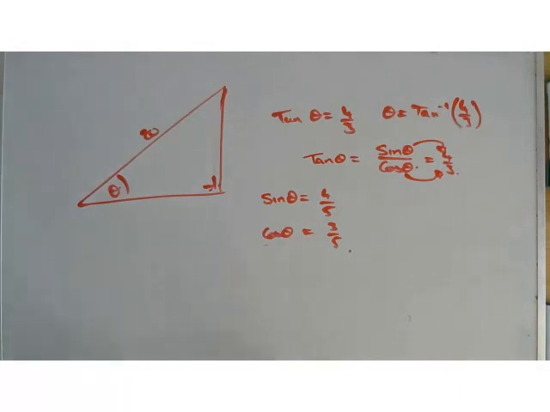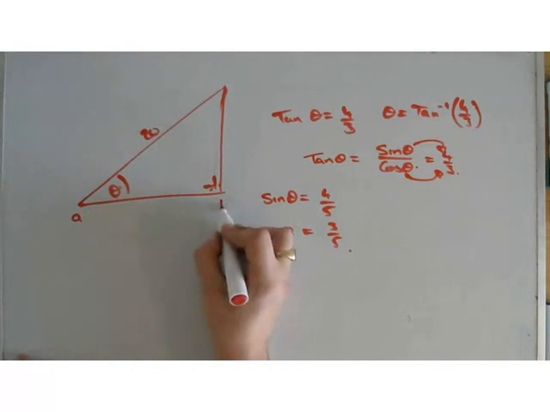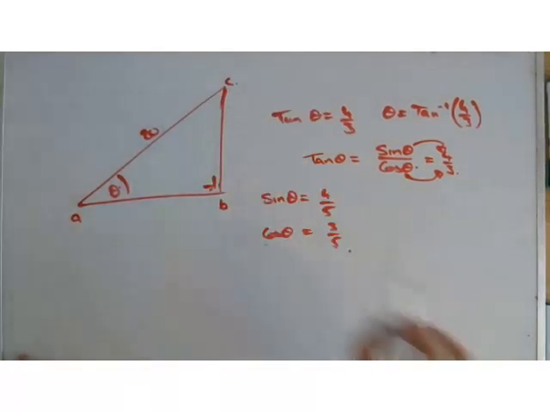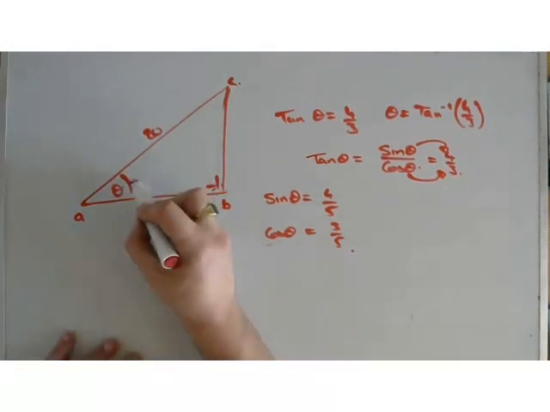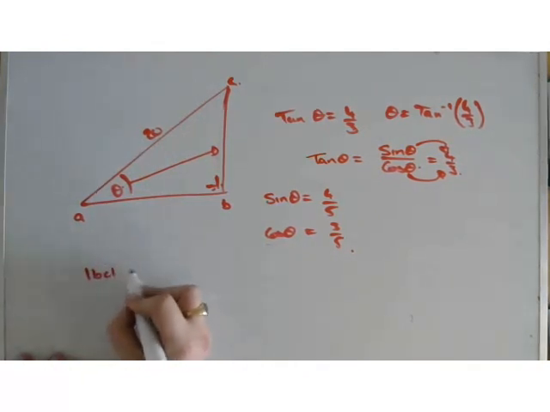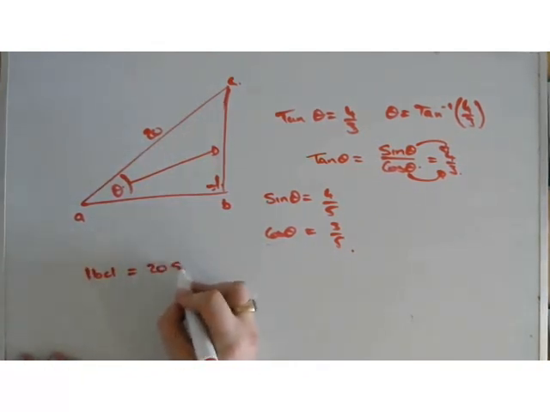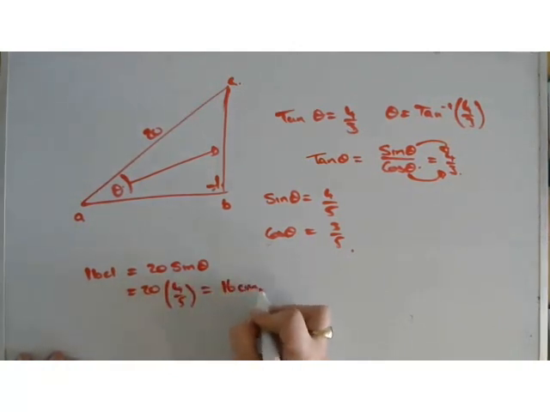Okay, so in this case it says find the length AB and the length BC. Okay, now this one is away, so the length BC is 20 sine theta, sine away, which is 20 times 4 over 5, which is 16 centimeters.